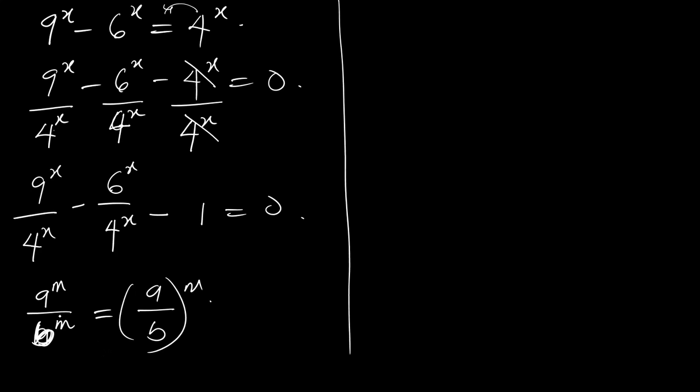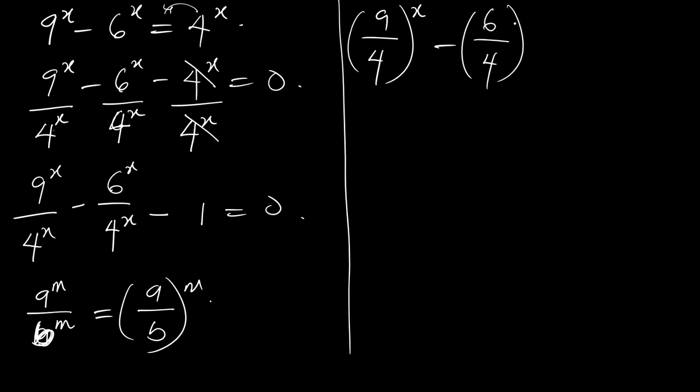It's the same. So that is what we're going to do to this expression. We change it to this form: 9 over 4 all to the power x minus 6 over 4 all to the power x minus 1 is equal to 0.